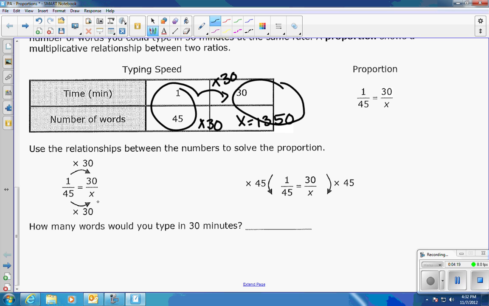So you would do the same to the bottom to keep those ratios equal, which is where I came up with my 1,350 words. The other way that you could think about it is to get from 1 to 45, you multiply by 45. So to get from 30 to the bottom, you would also multiply by 45. As long as you're doing the same thing on both sides, or on the top and the bottom, everything remains constant.